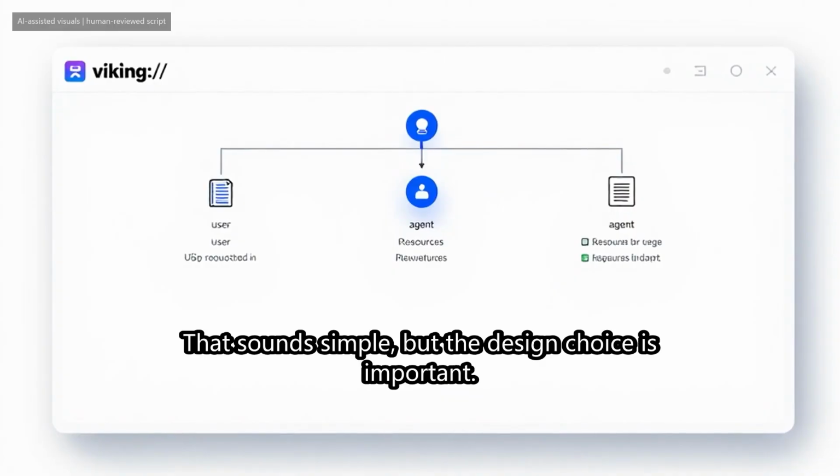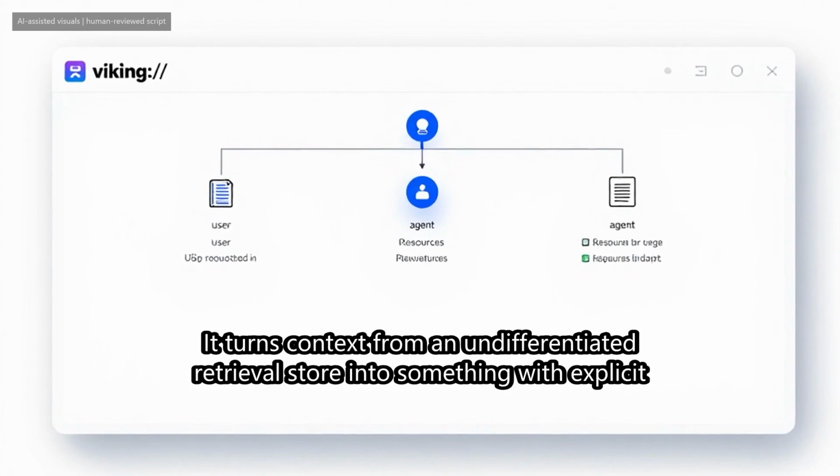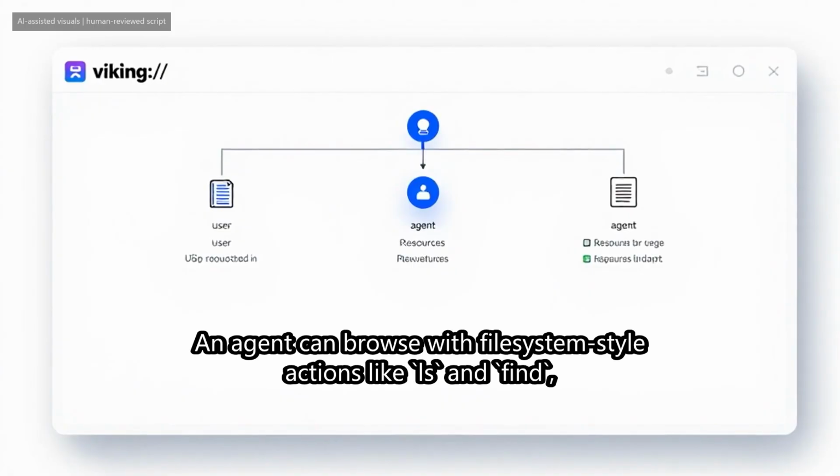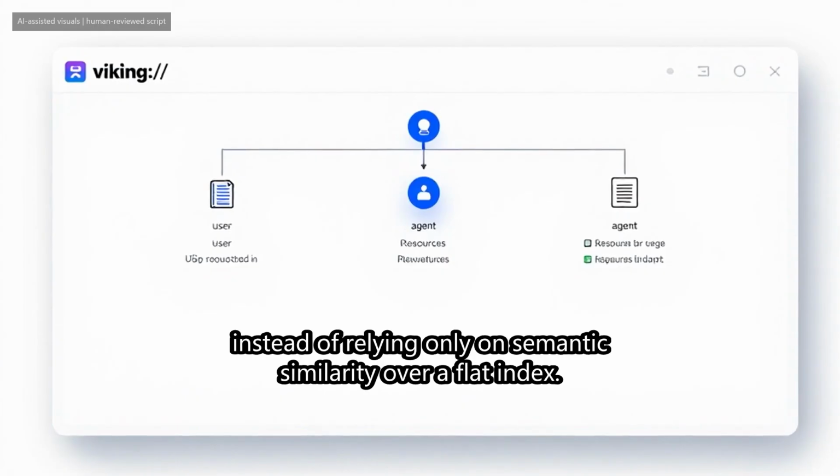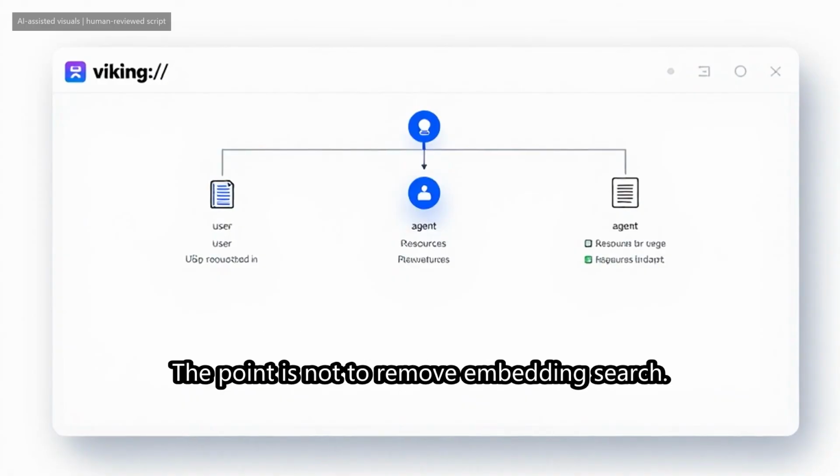instructions and task memory. That sounds simple, but the design choice is important. It turns context from an undifferentiated retrieval store into something with explicit structure. An agent can browse with file system style actions like ls and find, instead of relying only on semantic similarity over a flat index.